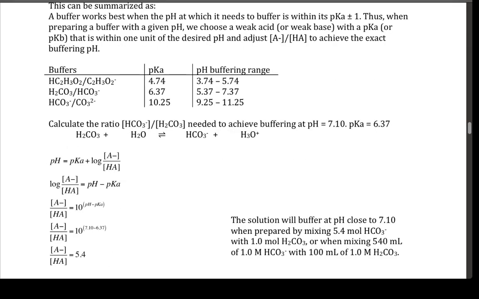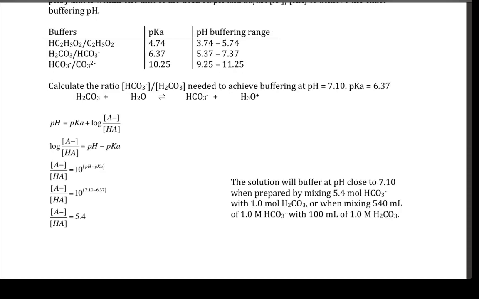So our next problem is to calculate the ratio of A minus to HA, and specifically we're working with HCO3 minus and H2CO3 needed to achieve buffering at pH equals 7.10.